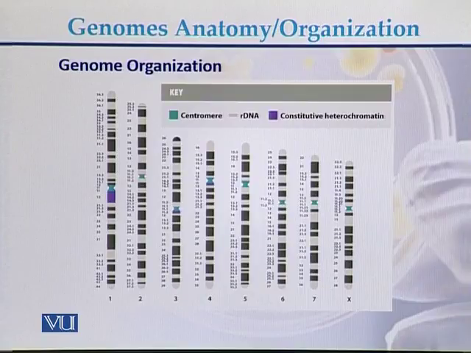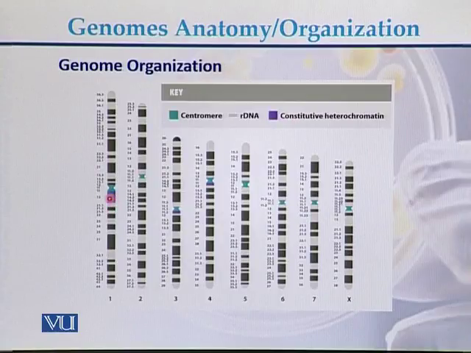Regarding genome organization in humans, we can see here the human chromosomes, chromosome 1 through 7 and the X chromosome. Here we can see the centromere. Then there are repeat DNA sequences, then constitutive heterochromatin.